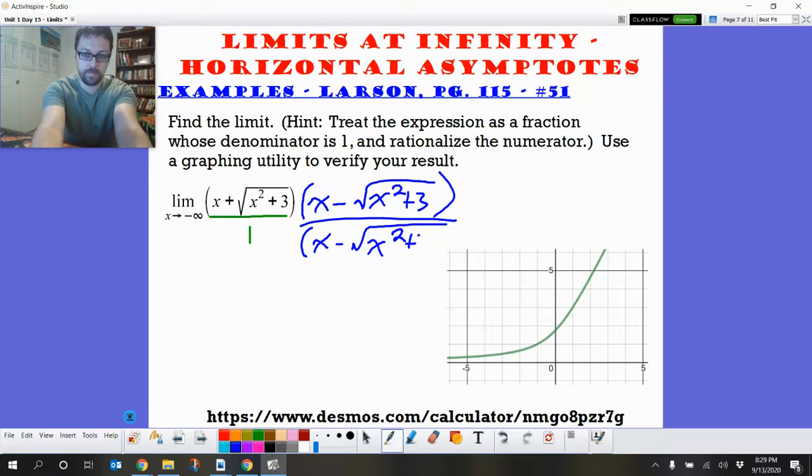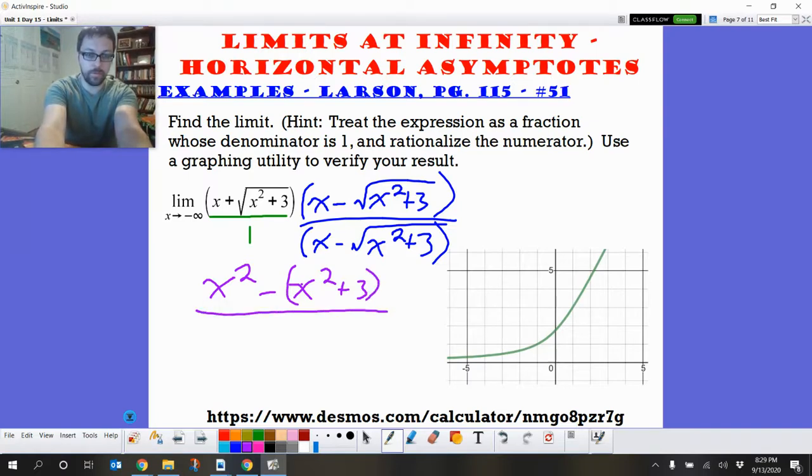That stayed the same. So on my numerator, I just square those two terms. So I get x squared minus that whole stuff squared, so x squared plus 3. All over that new denominator I made, which is x minus the square root of x squared plus 3.